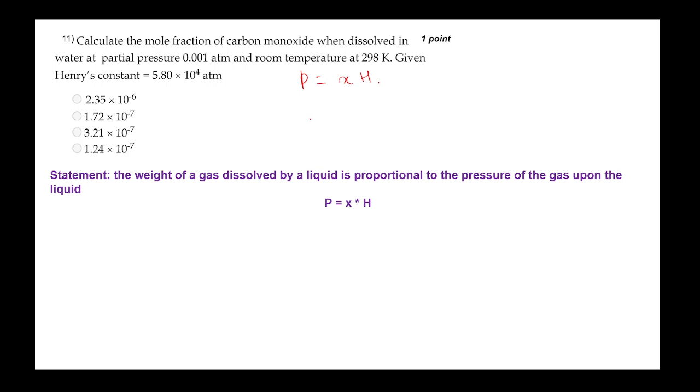So to find the mole fraction X, X equals P by H. If you put in the values, the correct answer comes out to be 1.72 × 10^-7.